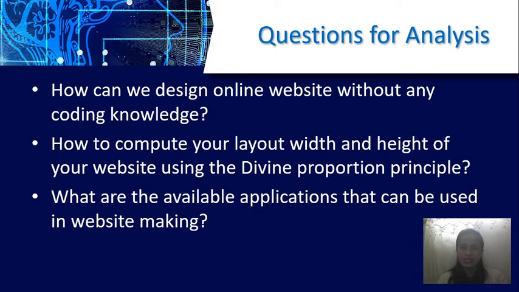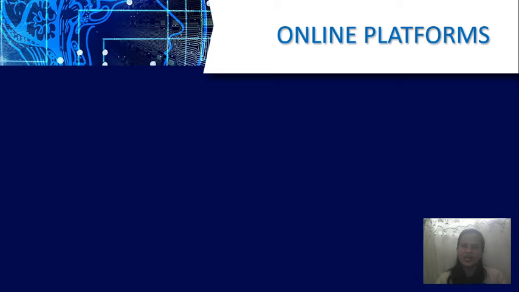As we go along with our discussions, we will try to answer these questions. Are you excited for this? Very good. Online platforms. In our previous lessons, we tackled already online platforms. Please refresh your mind. What do you mean by online platforms?